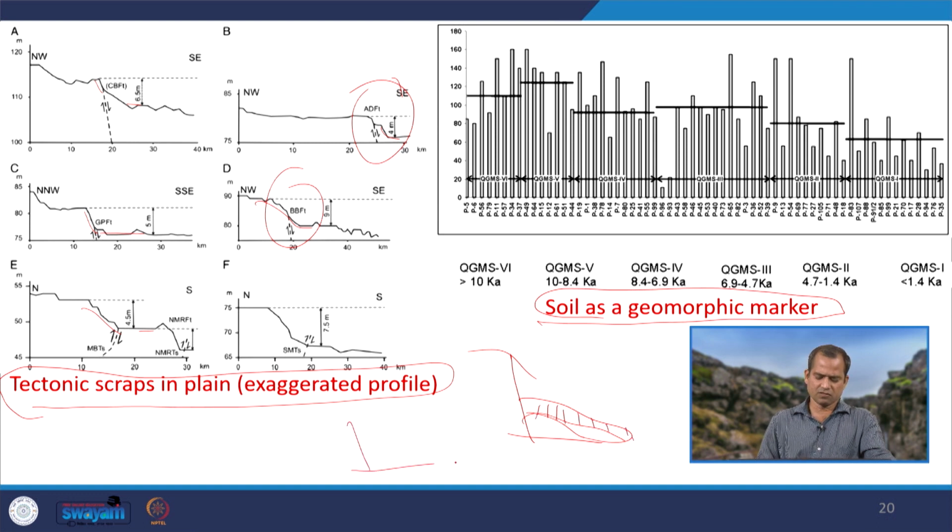And for a fault which was created around 2000 years back, the sediments deposited with respect to this fault have had less time, so a very low degree of soil development will be there. So, the degree of development of soil indicates the fault, or the relative time of its activity.